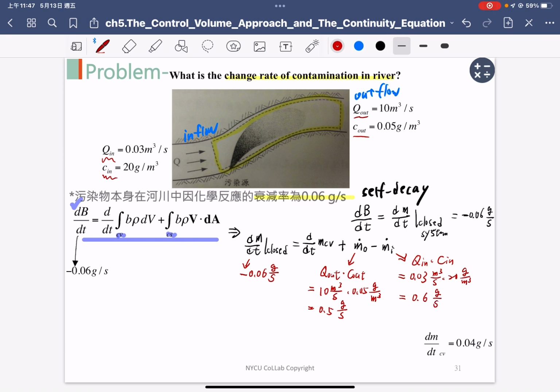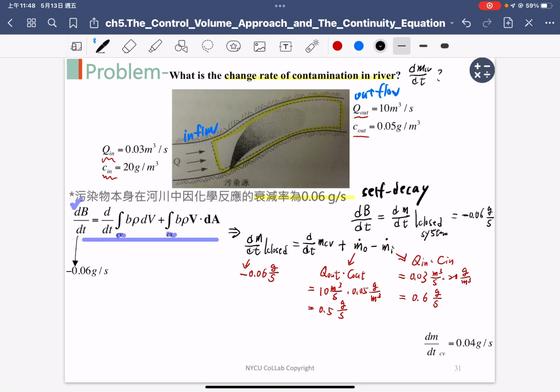So for our problem, the question is how large dm_CV/dt is. That's the mass change rate in the control volume. The control volume right now is the river channel.